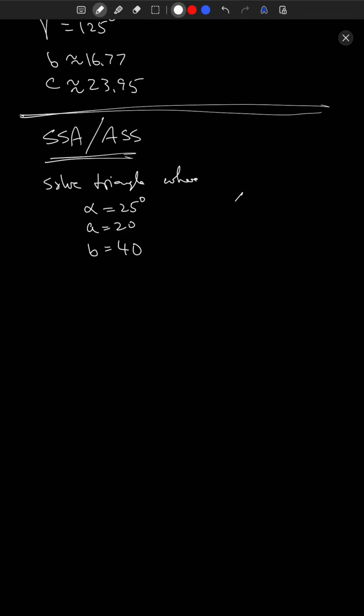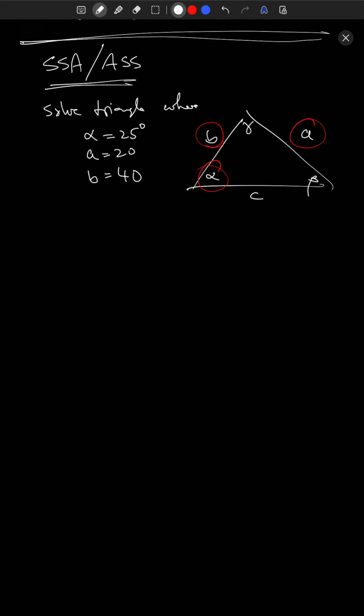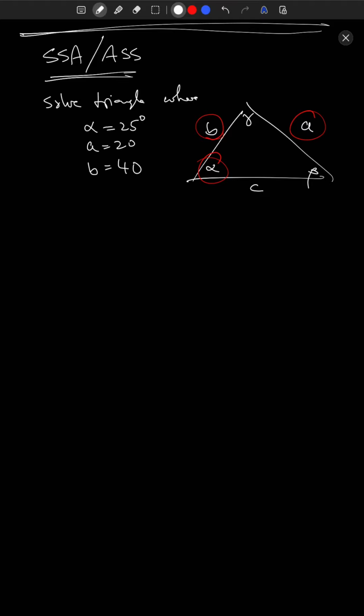All right. So if I draw the picture here, alpha, beta, gamma, A, B, C. In this situation, we know this one, we know that one, and we know that one. So an angle and two consecutive sides. And importantly, the angle is not between the two sides.